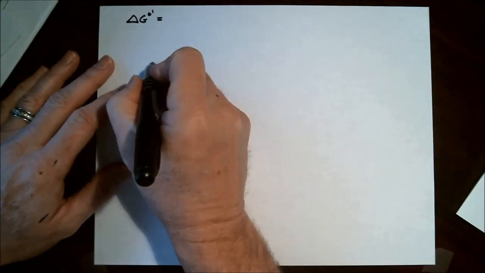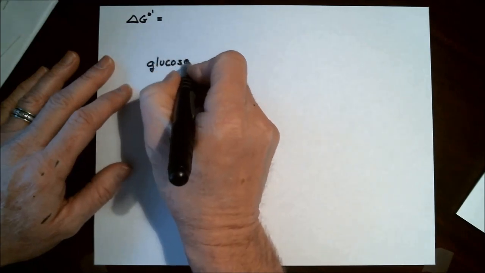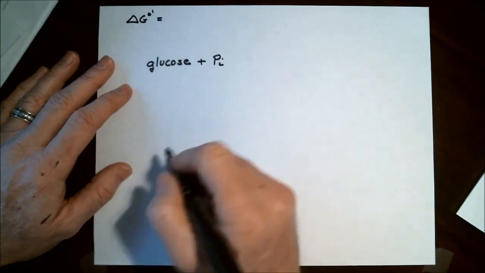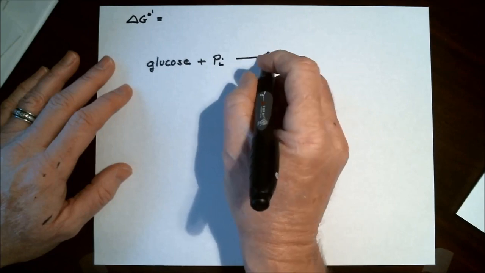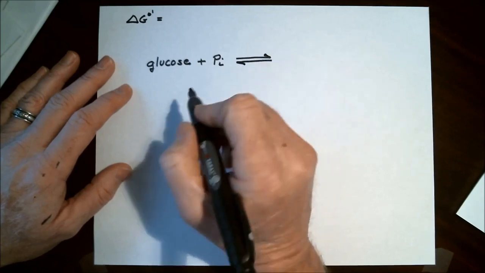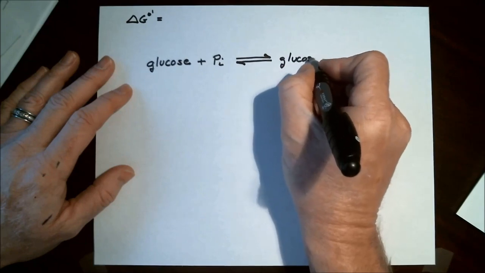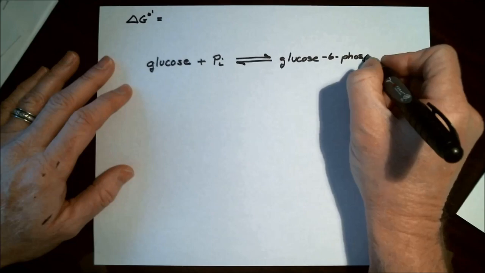Well, let's take, for example, a reaction of glucose plus inorganic phosphate is going to form the product glucose 6-phosphate.